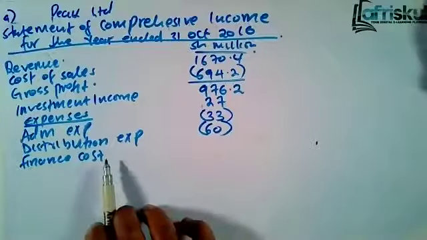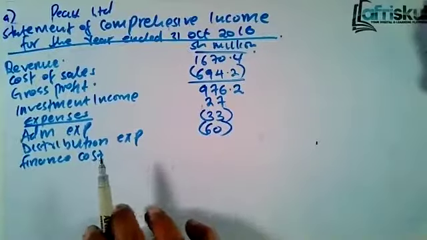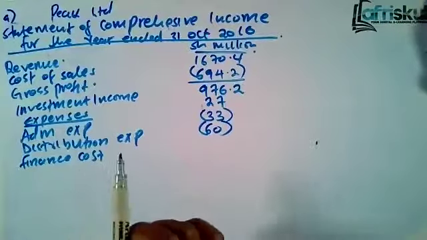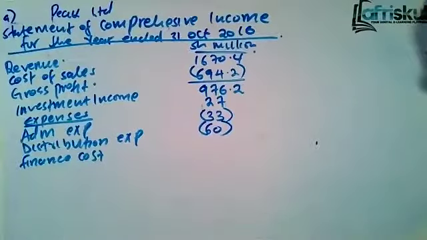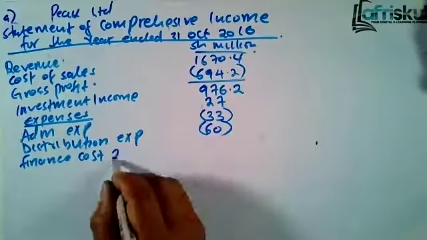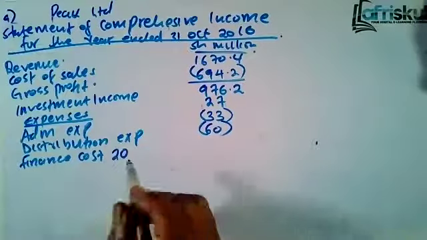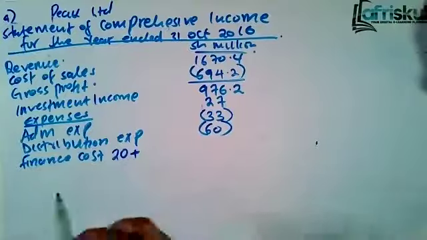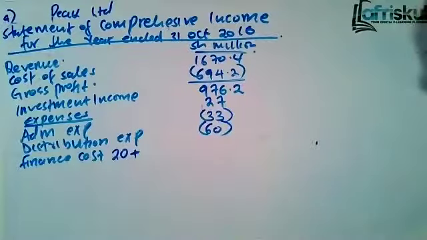Now, finance cost entails the interest. Number one, we have the interest on the first one we did, the 10% loan note. The interest for the year was 20. Then you add another interest. Remember, we have the amortization schedule, and for the amortization schedule we had the interest cost.